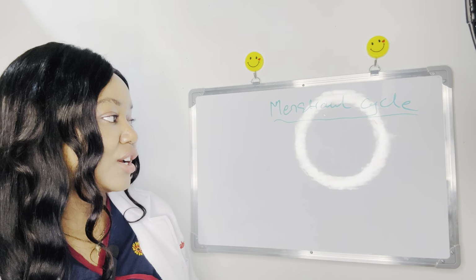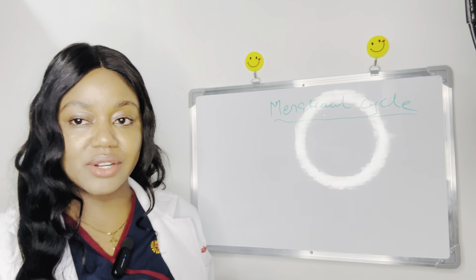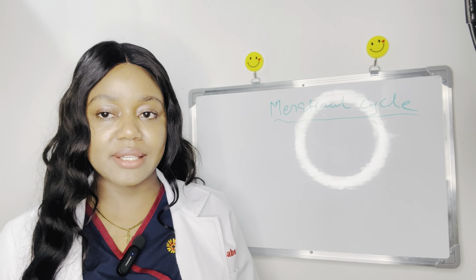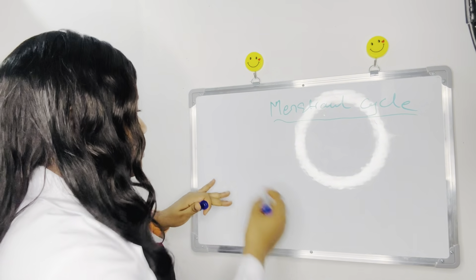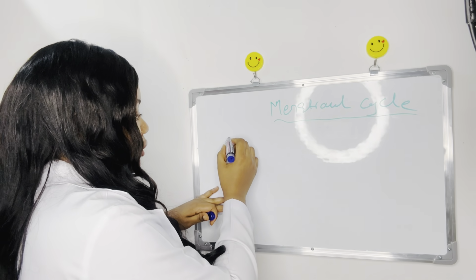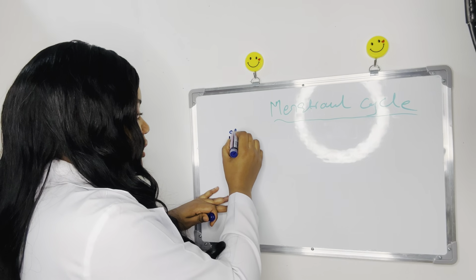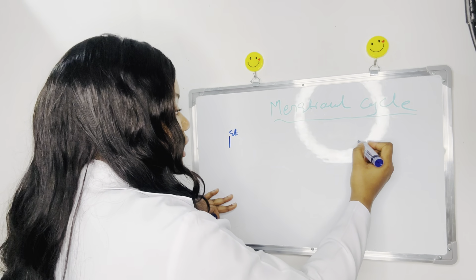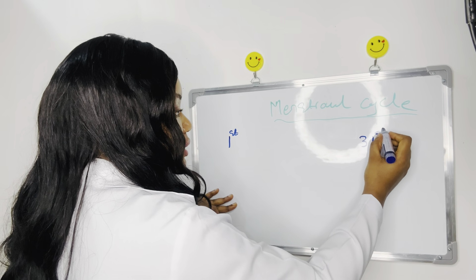You start calculating the menstrual cycle from the first day you start bleeding till the day before you get your next bleeding. So you have to stop the day before you start bleeding again. Let me take for example, your menstrual period starts on the 1st, and the next one you have on, let me say, the 31st.